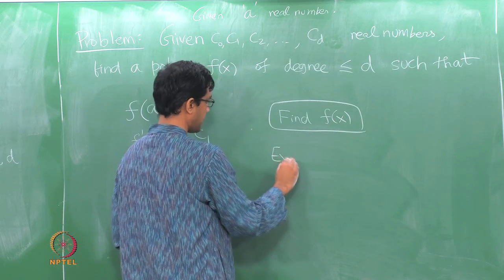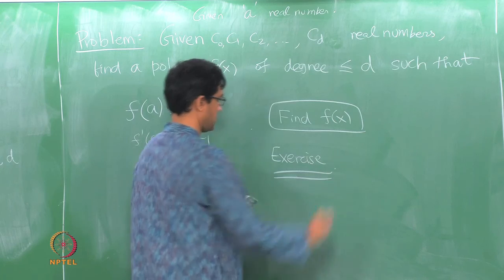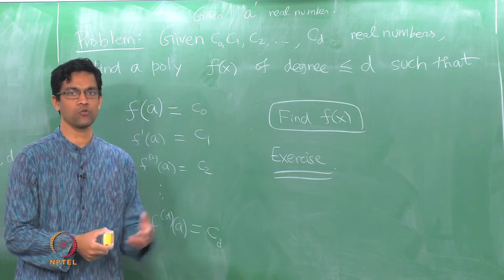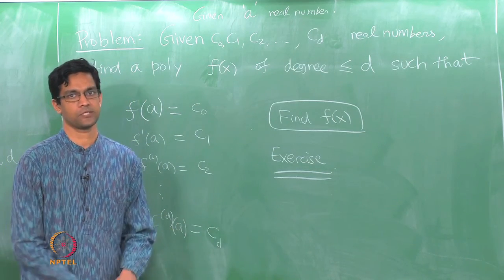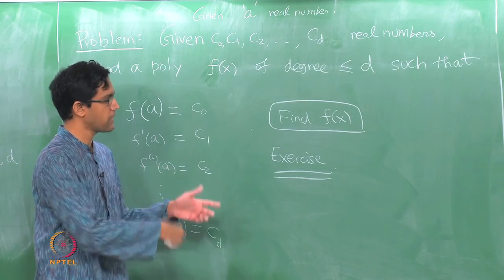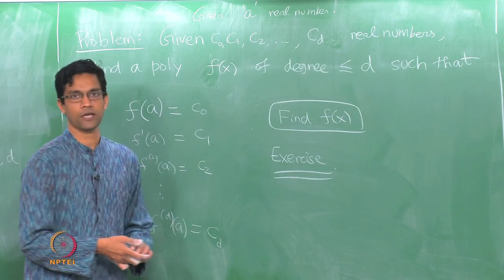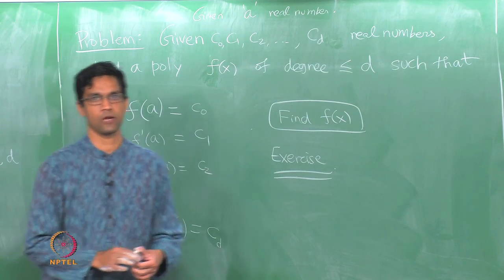I'll leave this as an exercise, which you can more or less do by following the same set of steps. Just try copying the same argument that we did with x equal to 0. It turns out there's also a simpler thing that one can do, but that's something we'll look at some time.